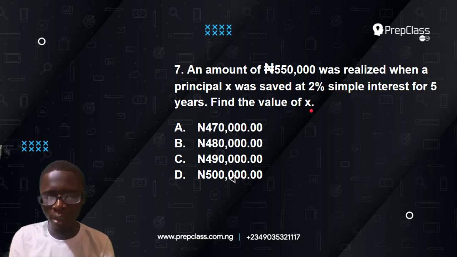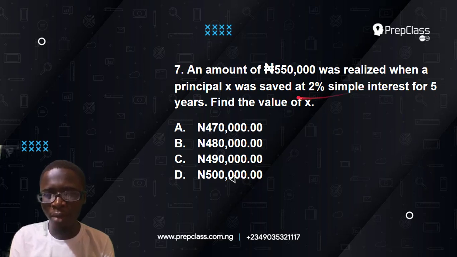Find the value of X. So picture yourself as a typical business-minded person, and you invested a particular amount of money as your principal, which is the capital that you start the business with, but then it yields as much as this amount to you in form of interest. Now, don't forget, this interest was actually accrued from the capital at 2% simple interest for 5 good years.